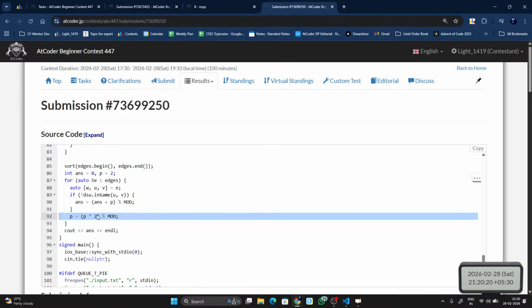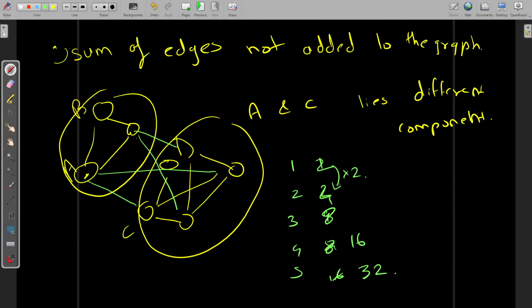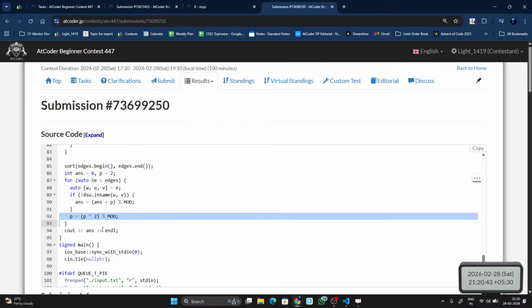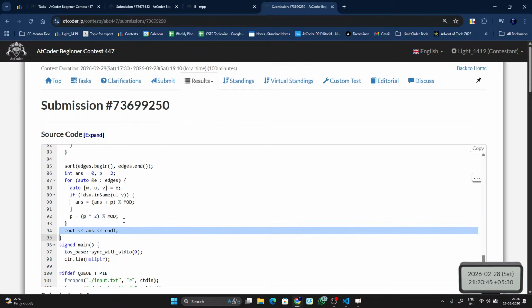And at each run, I would multiply P, meaning the current edge cost, by 2. That is what I am doing here, right? I'm multiplying the cost by 2. And if these two edges were not a part, then I would just add this cost into the answer plus equal to, and I would also add this part into the answer. So that is how we arrive at our solution.